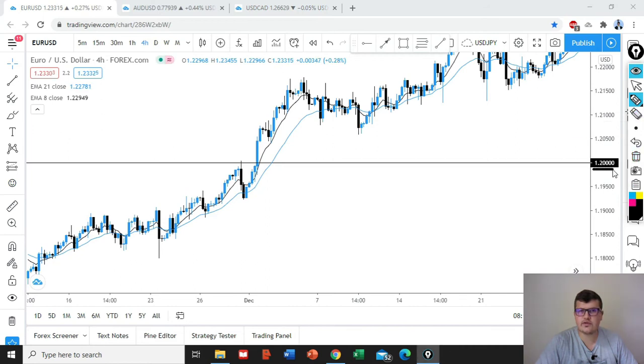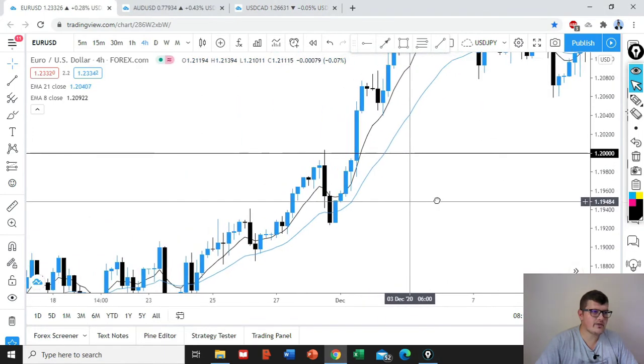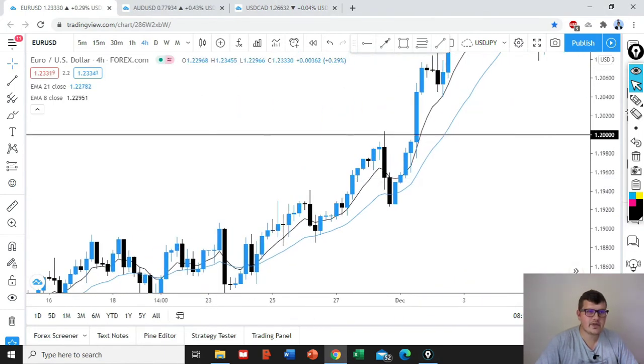This 1.2 psychological level. So as you can see, the market approaches the psychological level. You can see this liquidity spike in this bearish candle over here. Let's zoom in some more. So this is on a 4-hour time frame. So the market just pushes price into this level and a big reaction follows.